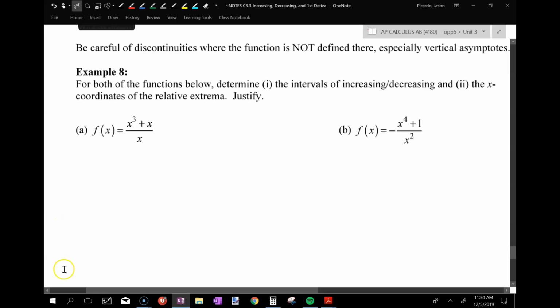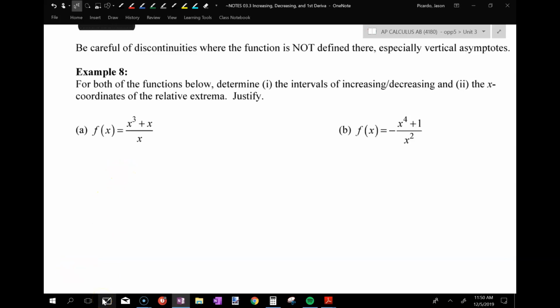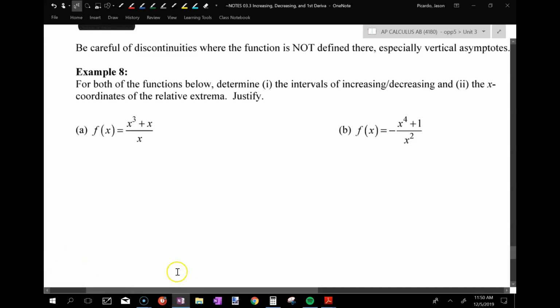What do I know right now? Where do I know there can't be any potential maxes or mins or anything else? 0, right? So that changes the game a little bit, only in that when you give your analysis, you have to take that into consideration, right? So that's where we're going, okay?